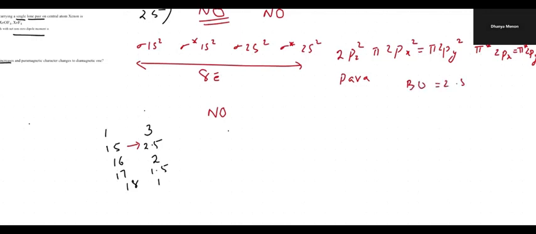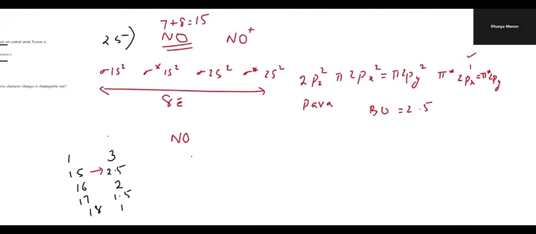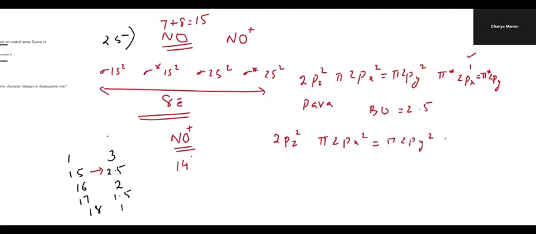Okay. Now NO plus. In NO plus, this will be the same, 8 electrons, 2pz2. So NO plus means how many electrons? 14 electrons, right? 1 electron is getting removed. So from pi 2px2, pi 2py2, this electron will be removed.